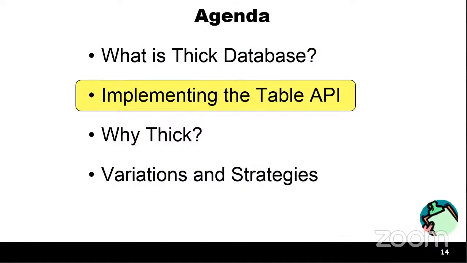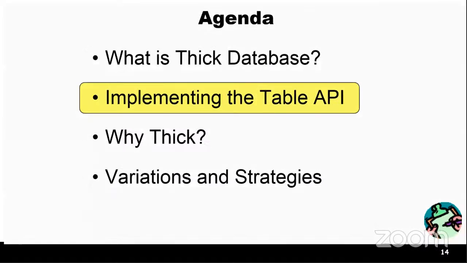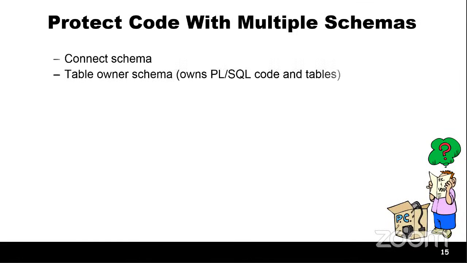All right, so how do we implement a table API, which again, like I said, is a core technique? Well, first of all, about the schemas, protecting the code is one of the objectives. So you have a common connect schema which users access, and that has grants to the table owner schema, which owns the PL SQL code and tables. So this is one variation.